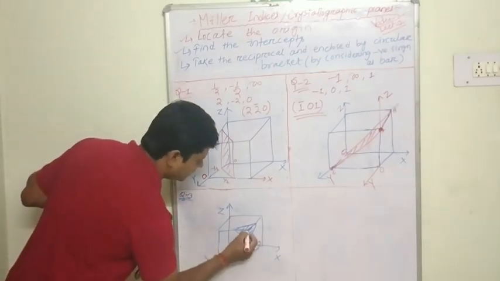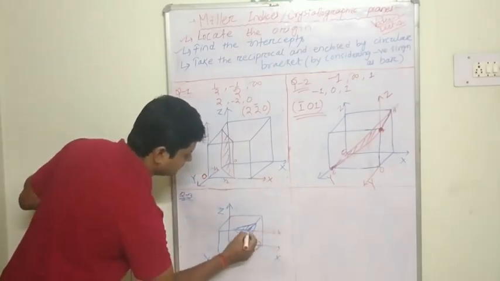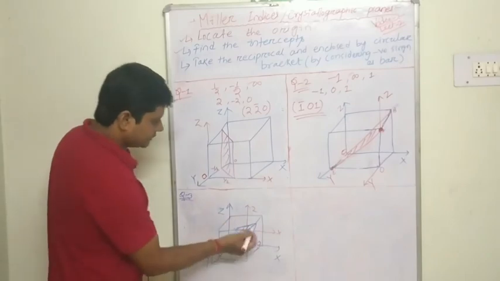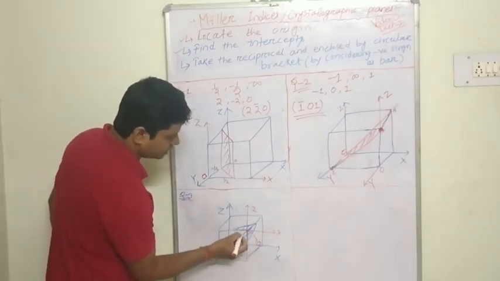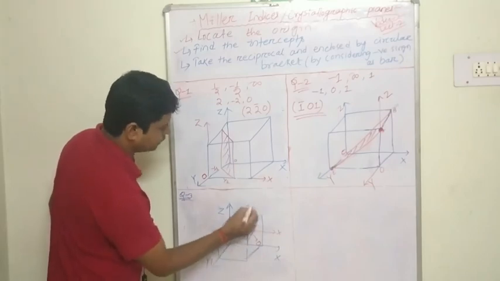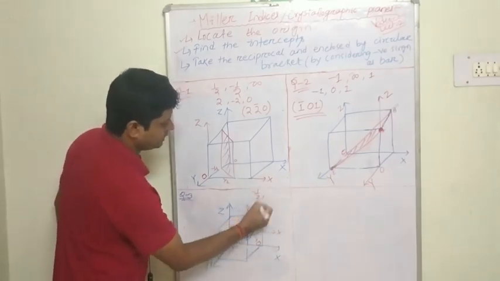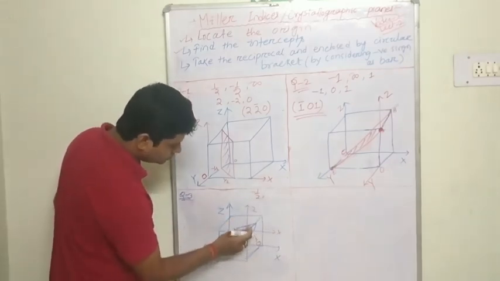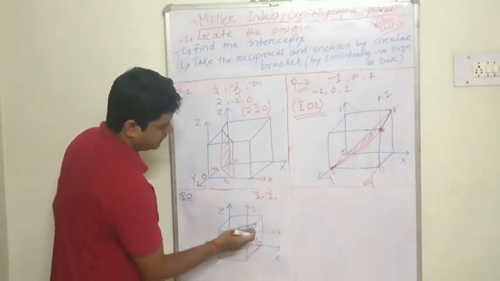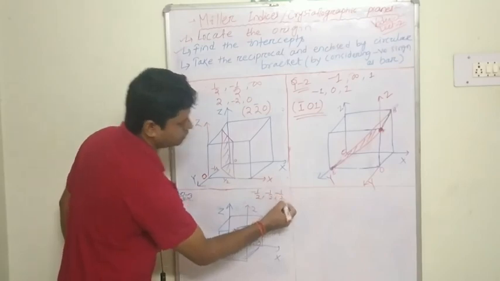Then this side is x, this side is the y axis, this side is the z axis. So if we consider this as the origin, the intercepts along x will be minus 1 by 2, along y is minus 1 by 2, and along z is minus 1 by 2, right?